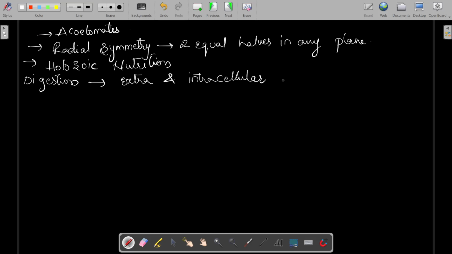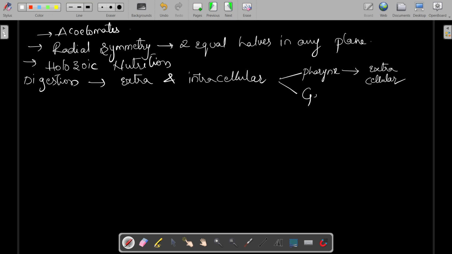Extracellular means you have a pharynx inside the gastrovascular cavity. The cells lining the pharynx chop the larger food particles into smaller particles. So extracellular digestion is completed.